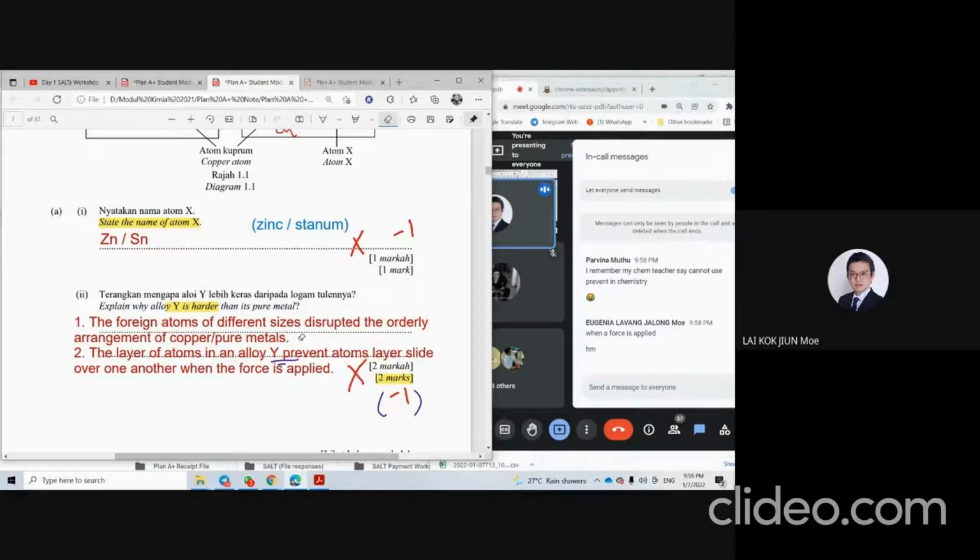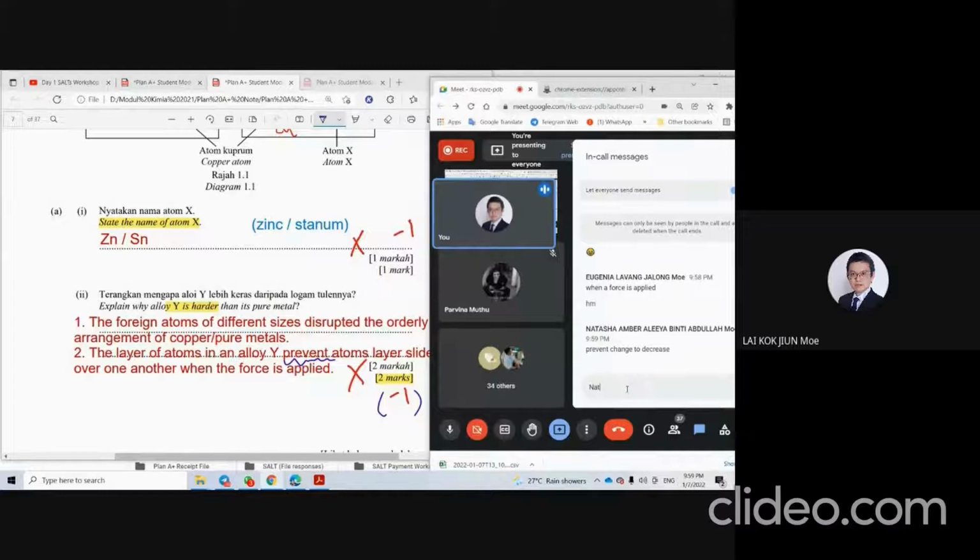You listen to your teacher. Yes, you are right. So cannot use prevent. So I have to use what word? To replace it. Cannot use prevent. Yes, Natasha, well done. Natasha, very good, very good. Natasha, perfect. Yes. We try not to use prevent.